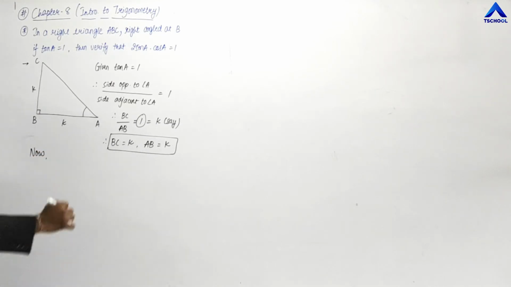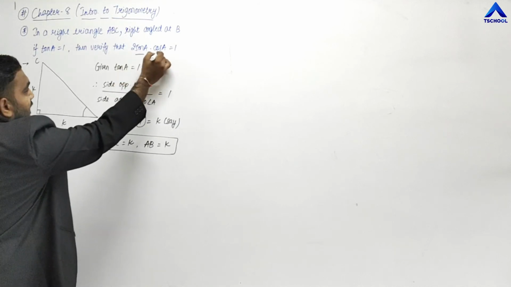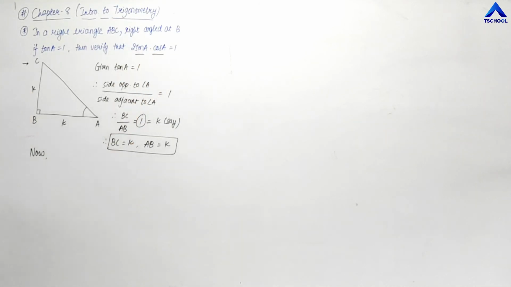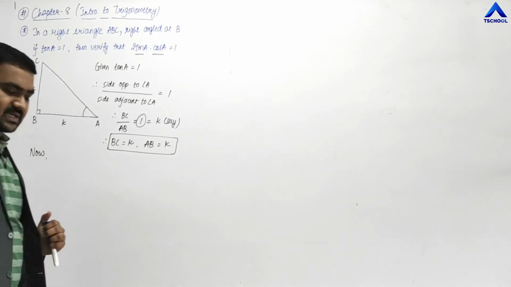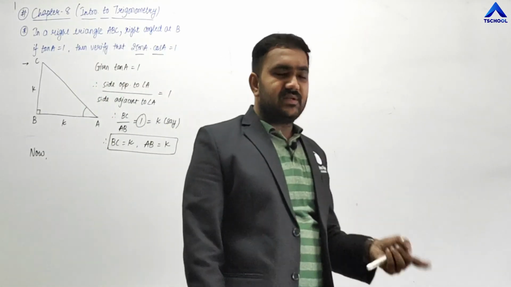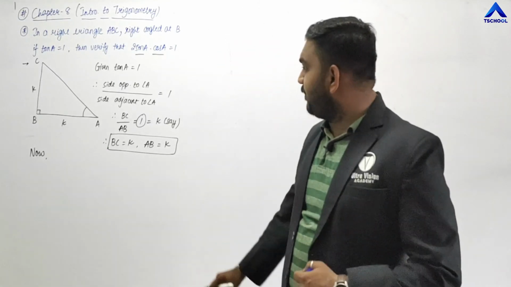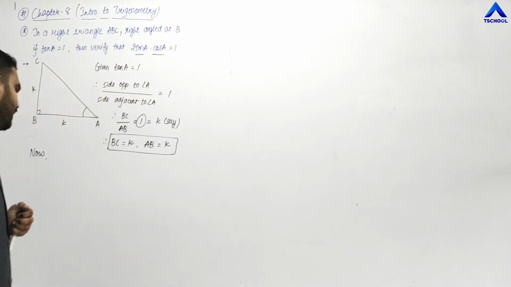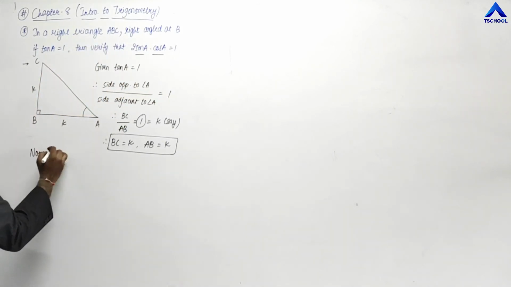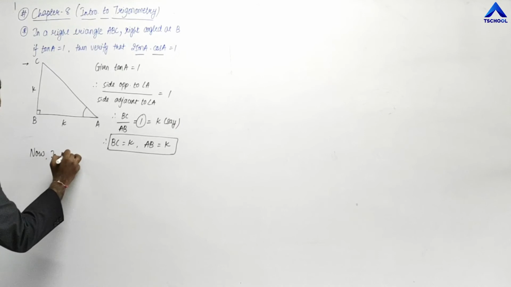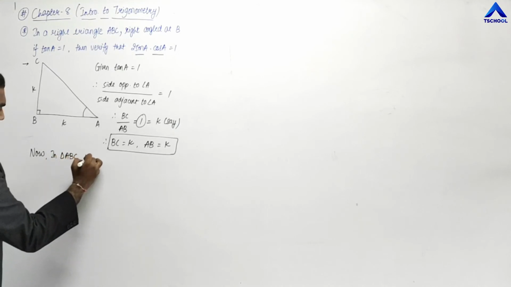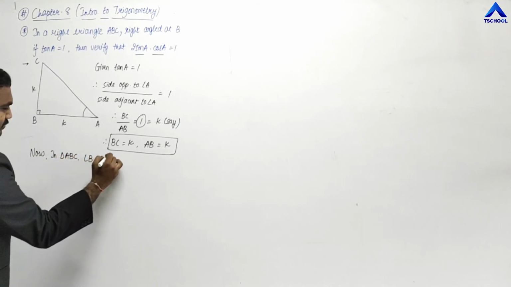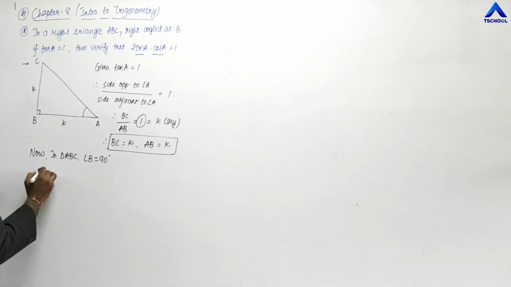Now we need to find the values of sin A and cos A. To find sin A and cos A, we require the hypotenuse, because the ratio for sin A is side opposite to angle A divided by hypotenuse, but we do not have the hypotenuse here. So let us find the hypotenuse. In triangle ABC, angle B is equal to 90 degrees.